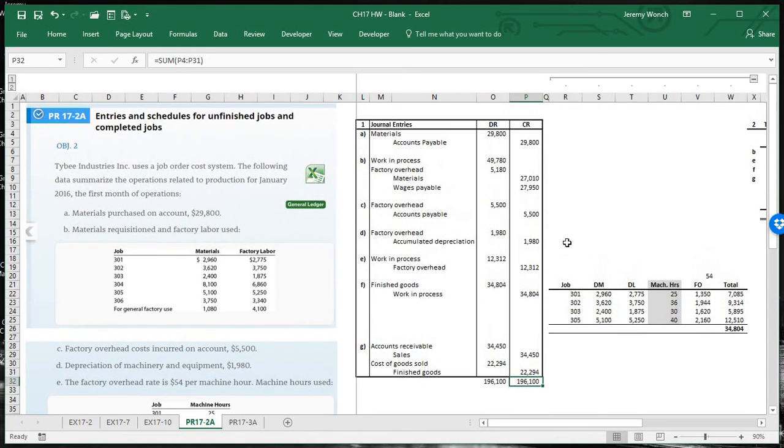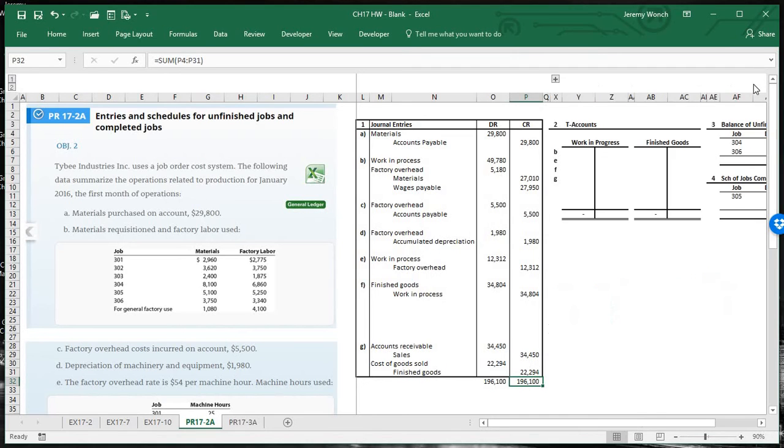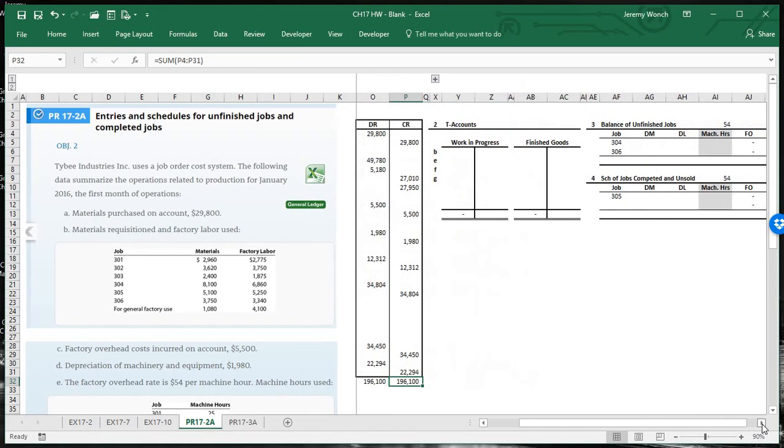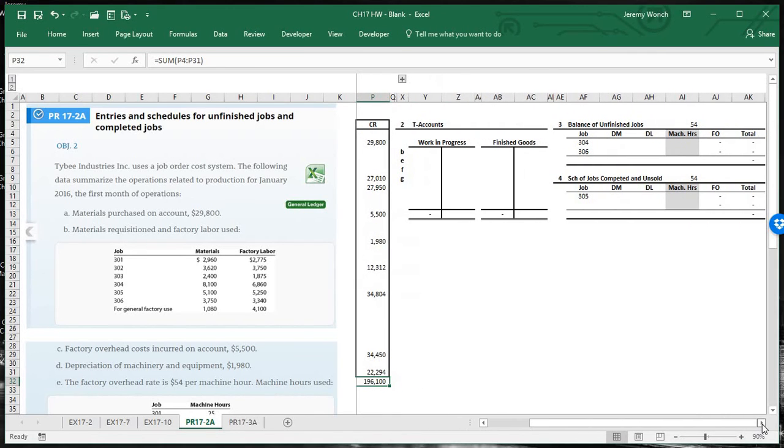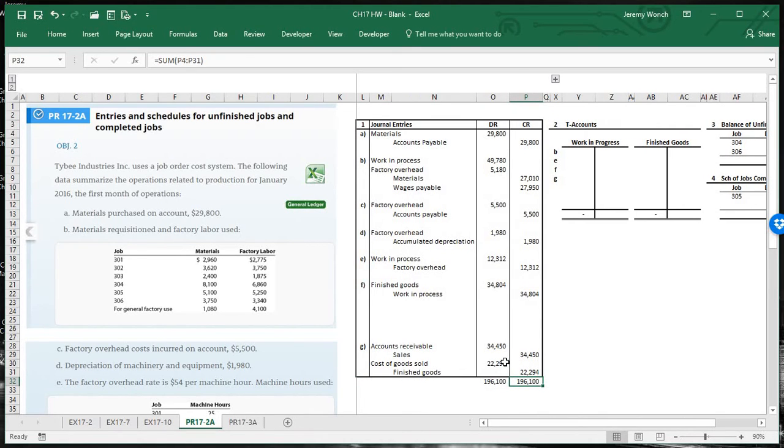So no problem. We'll go here and just shrink our little notes so we can see this a little bit better. I'll do it like this. So we have to do T accounts for these two accounts. We've already done the journal entries, so the T accounts are really easy.